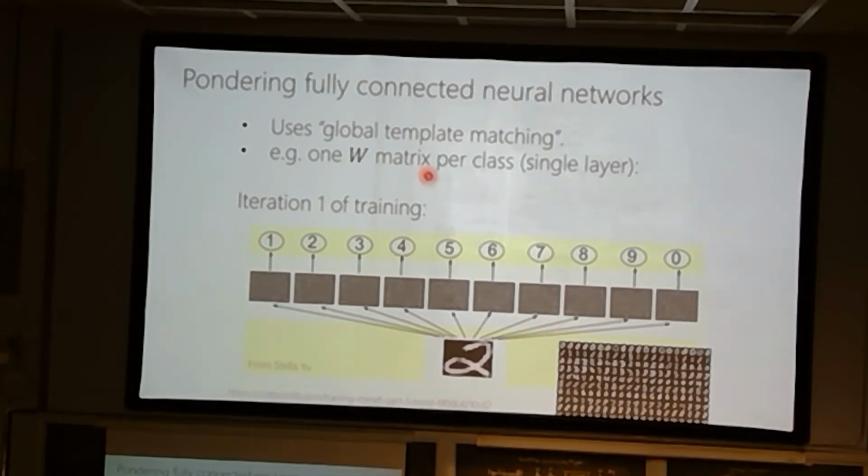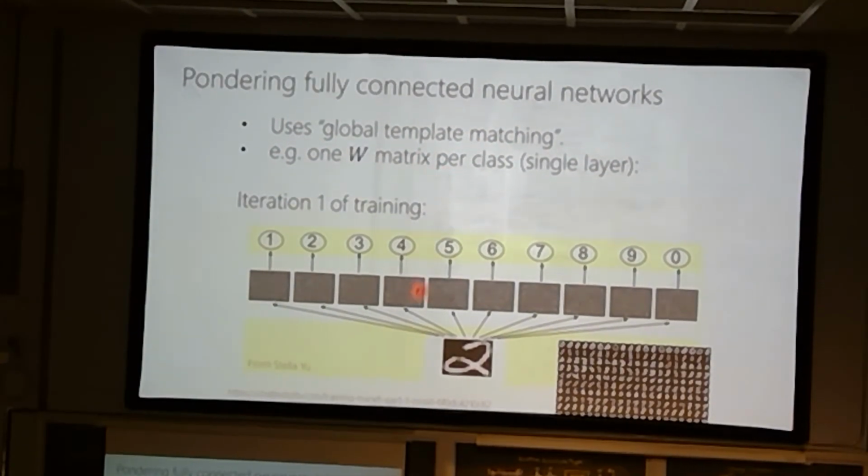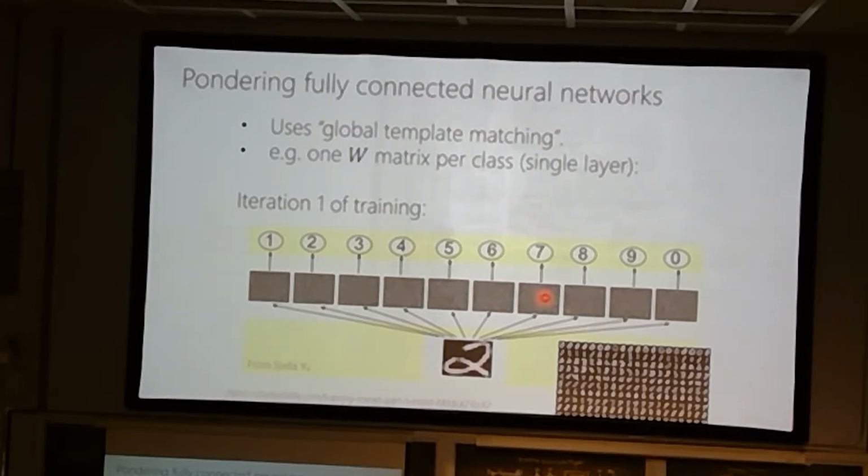And so just as an example, imagine you were doing classification, I know we haven't gone through it, but I'm sure you can imagine what trying to classify a digit is: is this image a 1, 2, 3, all the way up to 0? These are the weight vectors in a fully connected neural network.